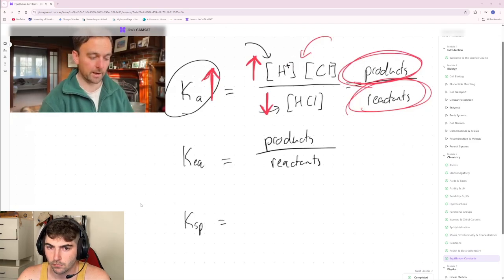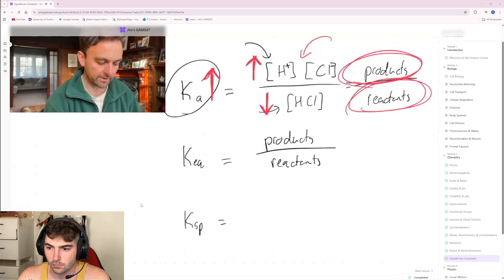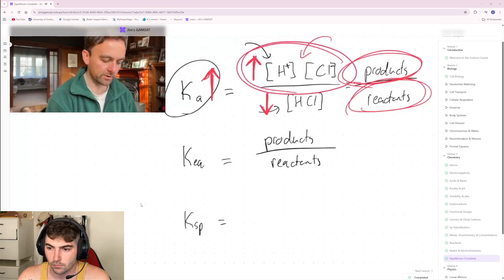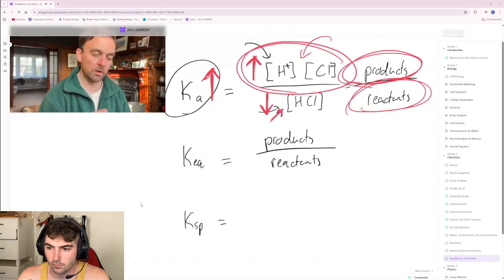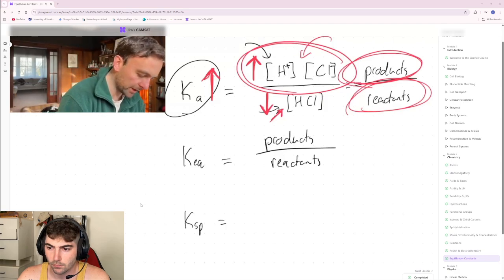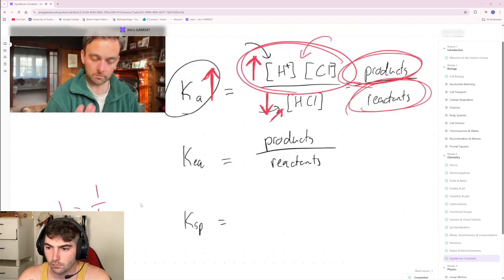So just to recap that, the tendency of an acid to dissociate into its ions will mean, if it's a strong acid, you'll have more of these products, more of the ions, and less of the acid form. And that relationship drives up the Ka. Just to demonstrate that mathematically, if you had, let's say, 1 over 1, that's going to equal 1, right?